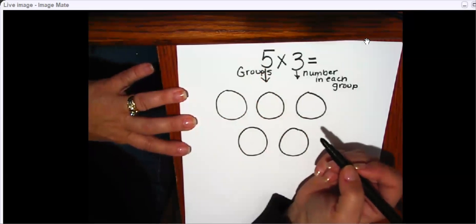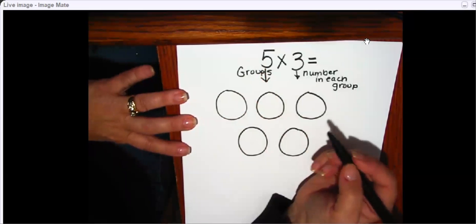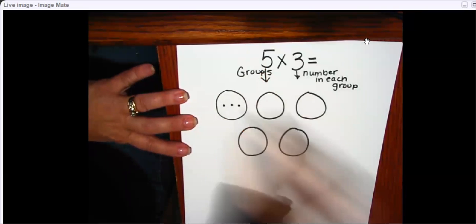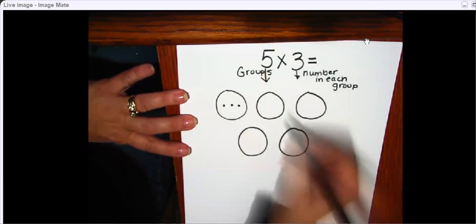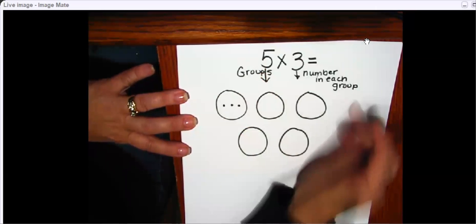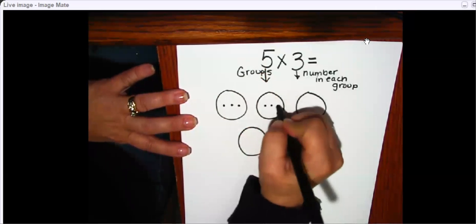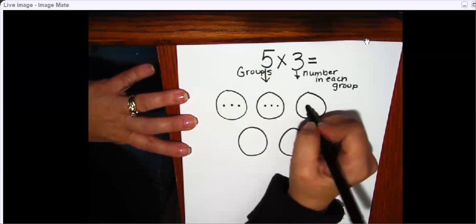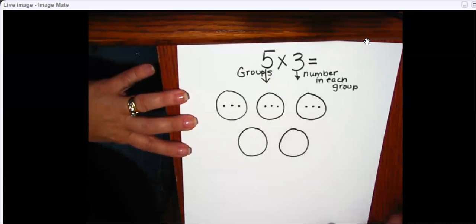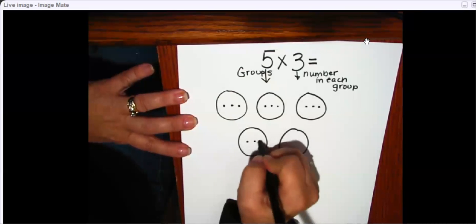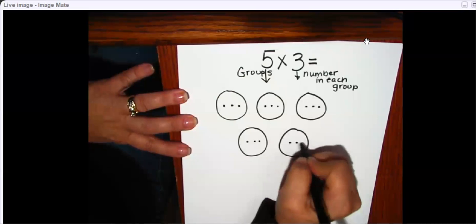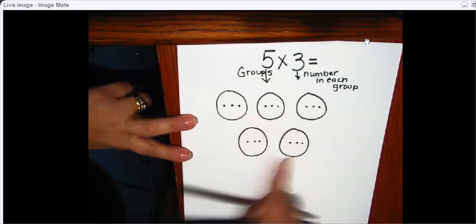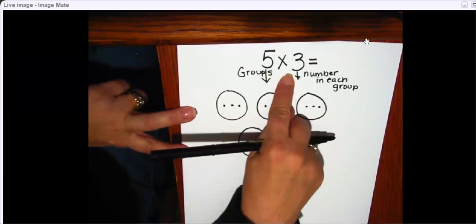So the easiest thing I like to do is just to put dots. So I'm going to put 1, 2, 3 in that one. And I have to put it in each group. So then I have to go put it in this one. 1, 2, 3. And since it's in each, I have to put it in this one too, and this one, and this one. So I have to put this number into each one of the groups.